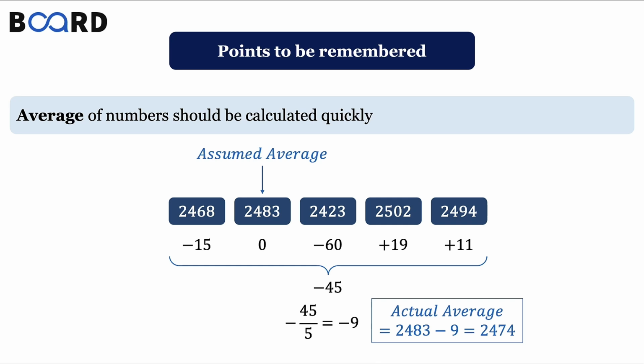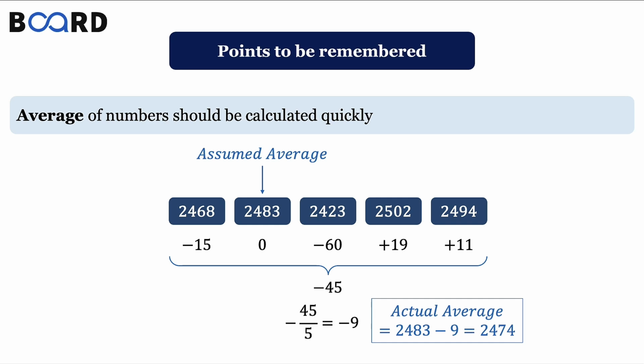So select any one of the numbers, assume that to be the average, find out the deviation, find the overall deviation, divide that by the number of terms, and that will give you the average deviation per term. Add or subtract whatever value turns up with the assumed average, and that will give you the actual average of all the values, right?